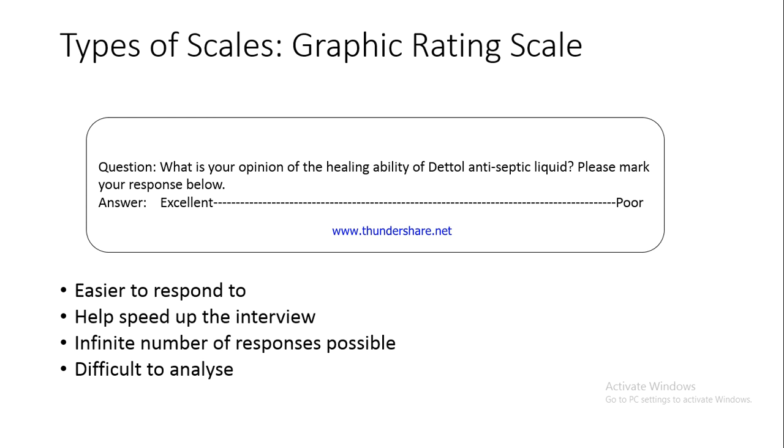Because, let's say, the respondent has marked his response at a short distance from the left extreme, that is the excellent category. So at a very short distance from excellent he has marked his response.